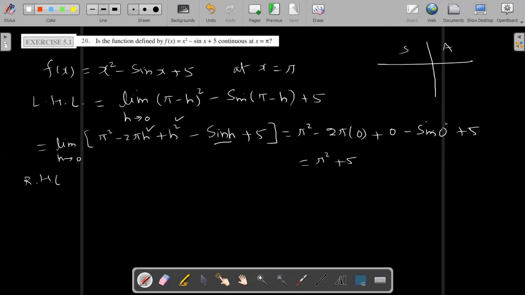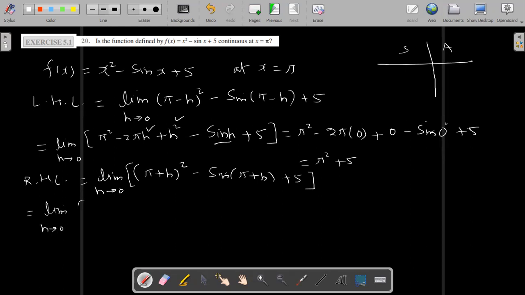Similarly, go for calculating the right hand limit. Then limit h tending to 0, pi plus h whole square minus sine pi plus h plus 5. Okay. So here, similarly, we have to solve the first bracket whole square.